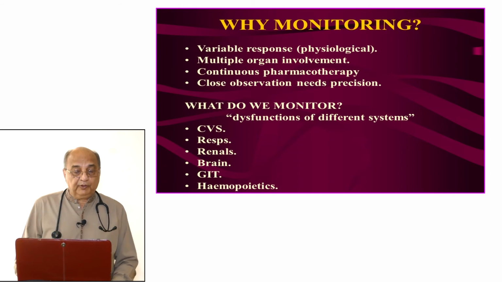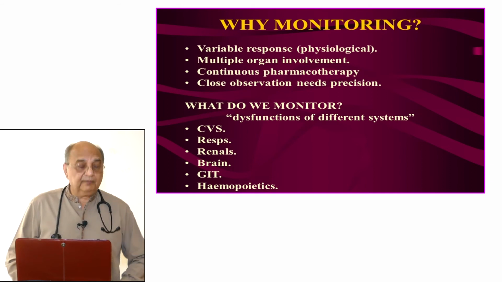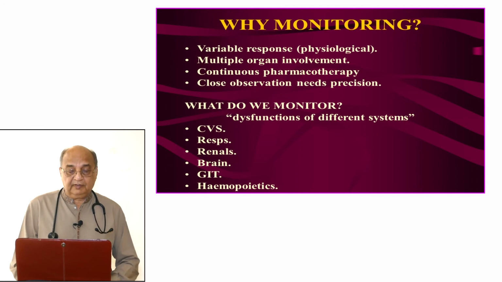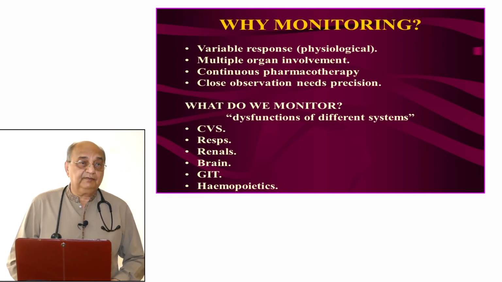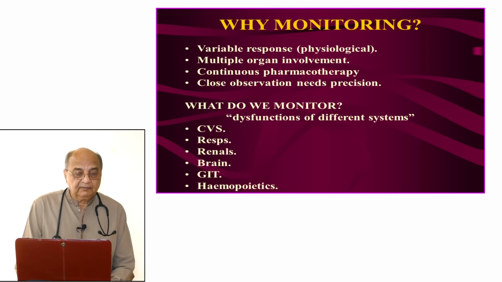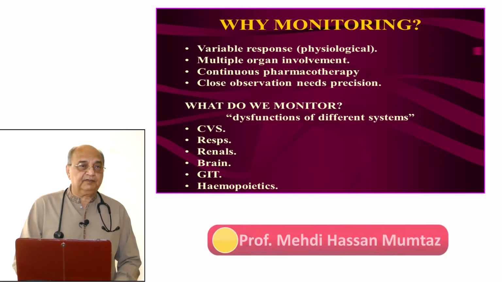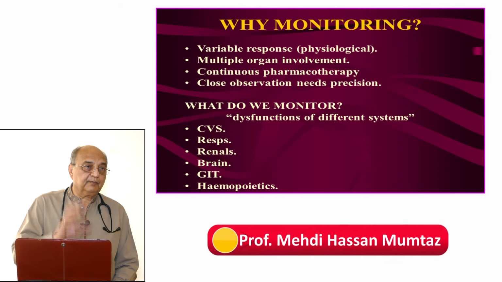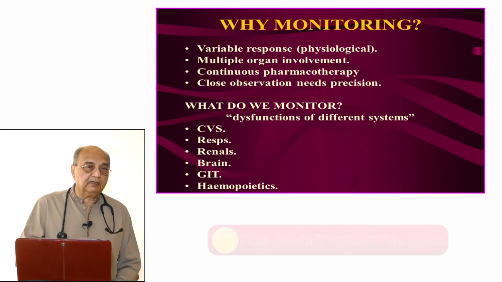Why do we monitor? What do we monitor? We monitor different systems of the body: cardiovascular system, respiratory system, renal system, brain, gastrointestinal tract, and hematopoiesis. All these systems are monitored at a time in a multiple organ failure patient who is in the intensive care unit.